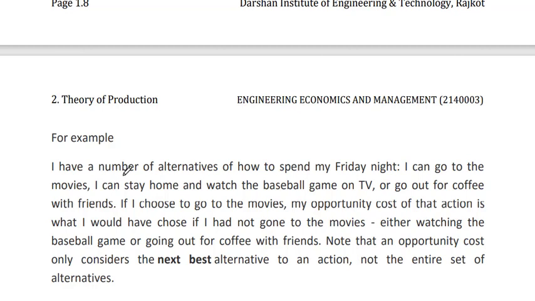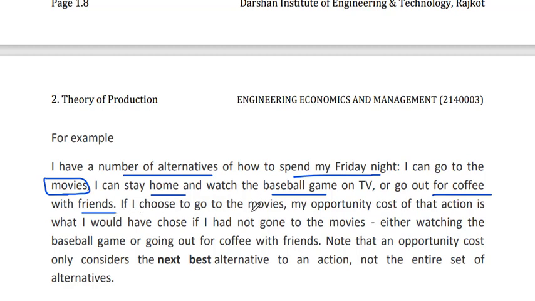Here is another example. I have a number of alternatives for how to spend my Friday night. I can go to the movie, I can stay home and watch the baseball game on TV, or go out for coffee with a friend. So there are three alternatives.